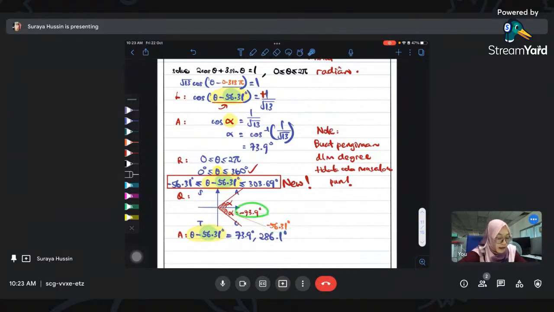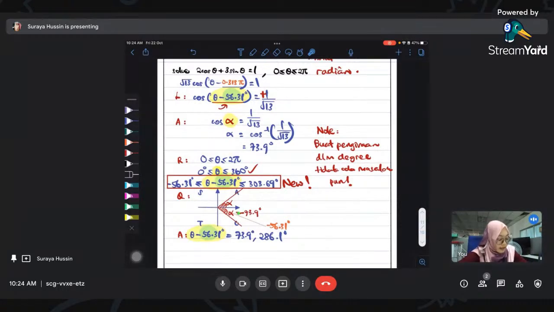Tak boleh. Kalau ada setengah, kalau dotted line di sini and you punya angle di sini, you gotta take it. You get what I mean? So inilah sebabnya saya buat dotted line ni, supaya nak bagi menunjukkan, oh aku tak perlu ambil 73.9. I don't have to take this because the minimum range is this. So the minimum range of that tak mencukupi untuk saya ambil 73.9 negative angle here.